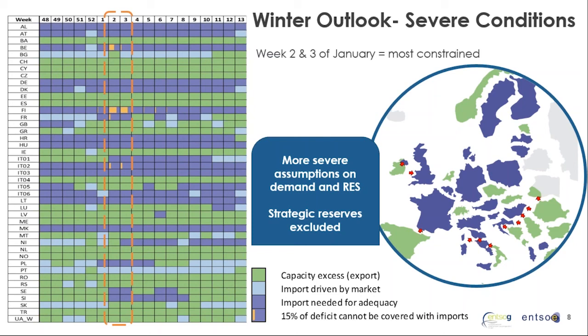So then, focusing on the countries depicted in dark blue, for some of them we have partial orange in weeks 2 and 3, which are situations where there is a risk of deficit of capacity even after import. We will go through this on the next slide, but before that I just wanted to mention that, as you see on the map on the right, the southern and southwestern countries can export, and the continental countries mainly, and also Great Britain, import at maximum, and the interconnections depicted in red are saturated in this example case.